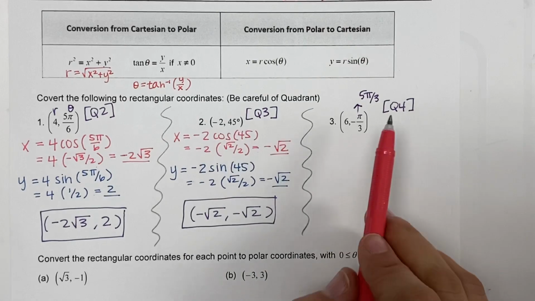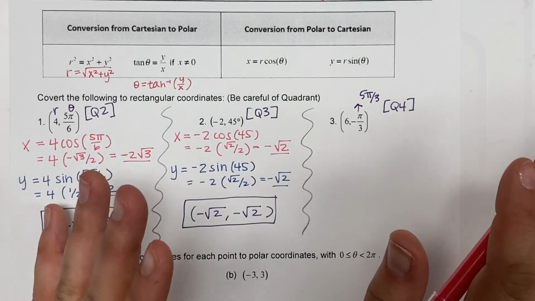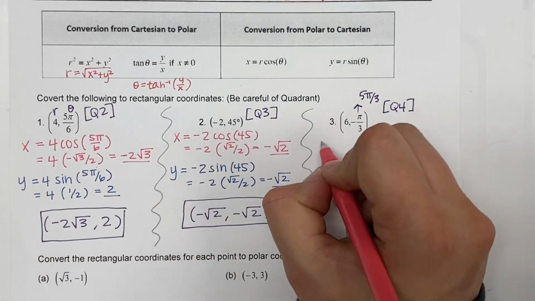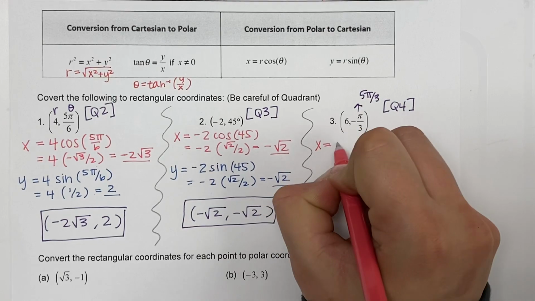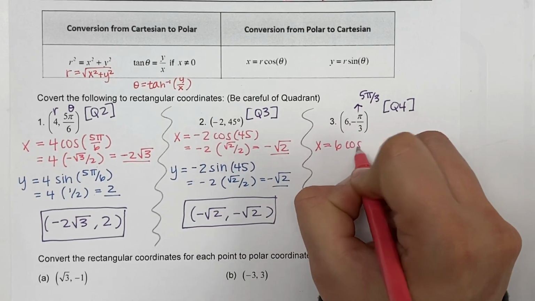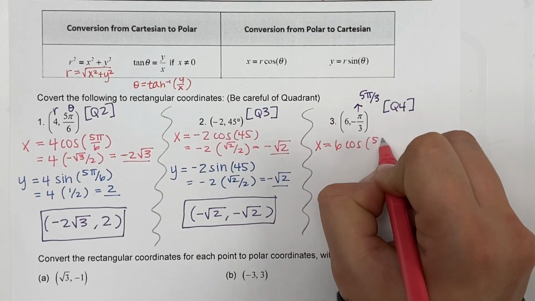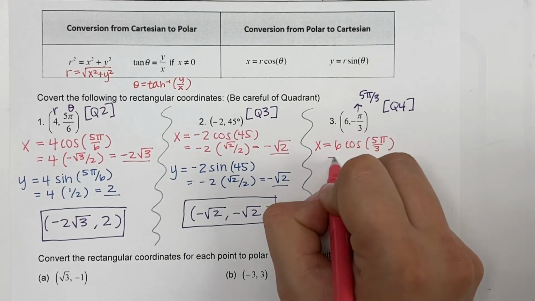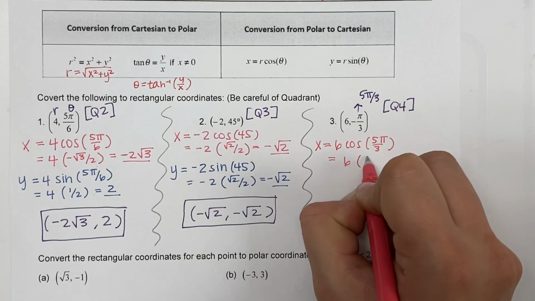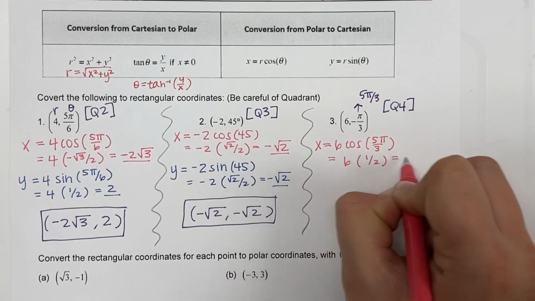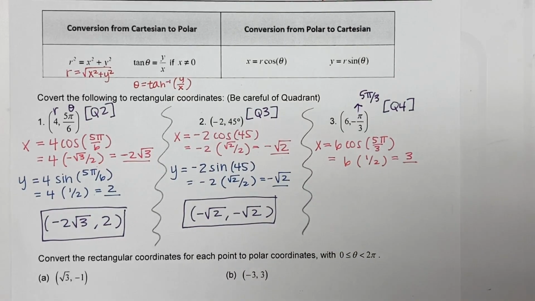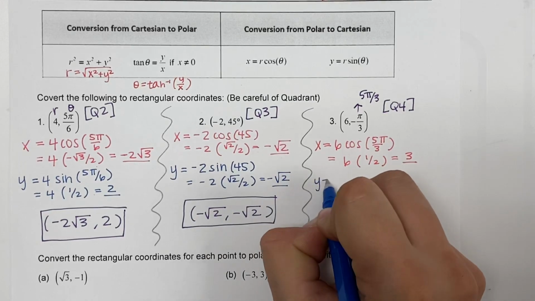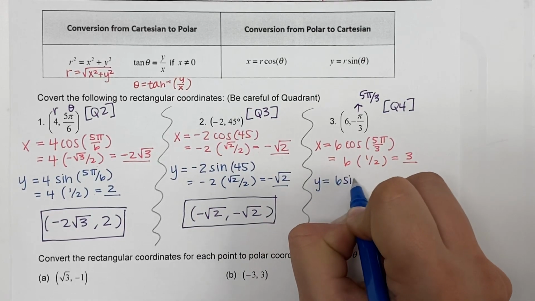So if you didn't know that, and now you need to re-pause and do it again, do that. Okay, x is 6 cosine, I'm going to use 5 pi over 3. Okay, that's 6 times 1/2, which is just 3. And then for y, you did the same thing, but sine.